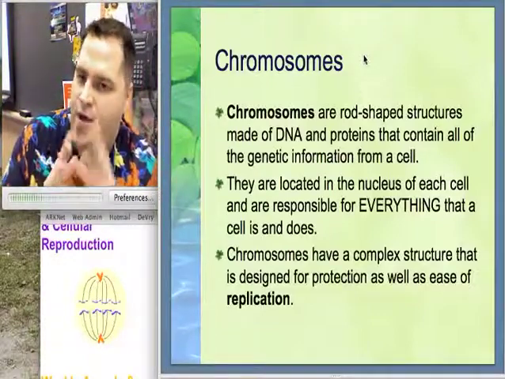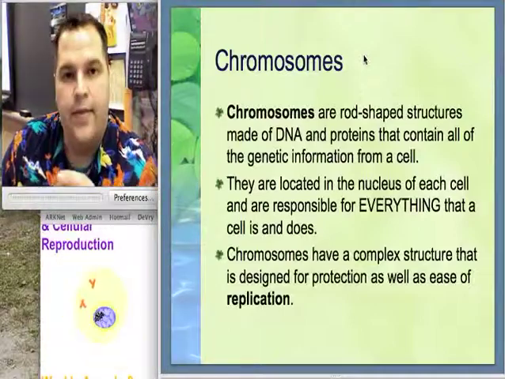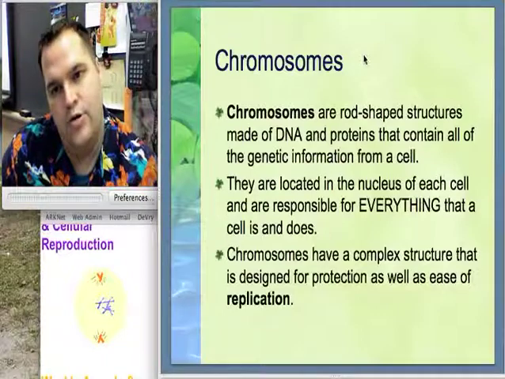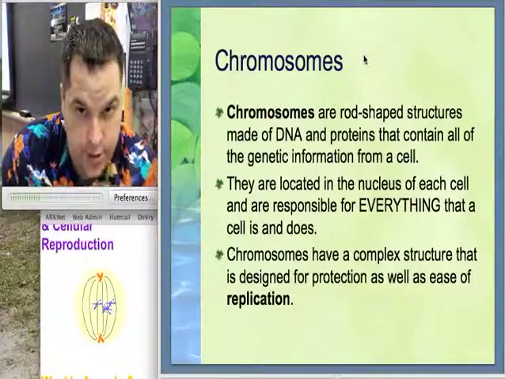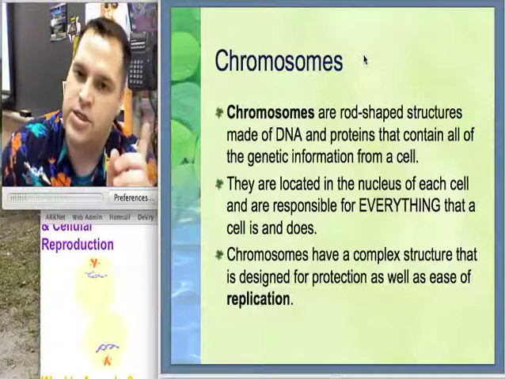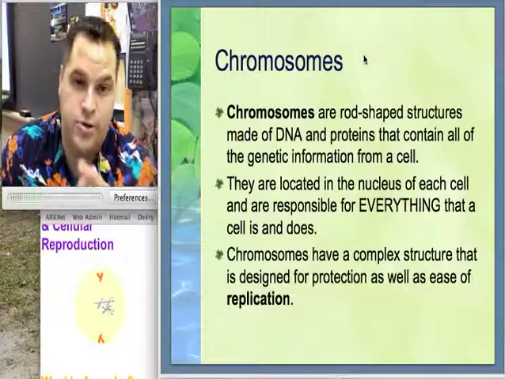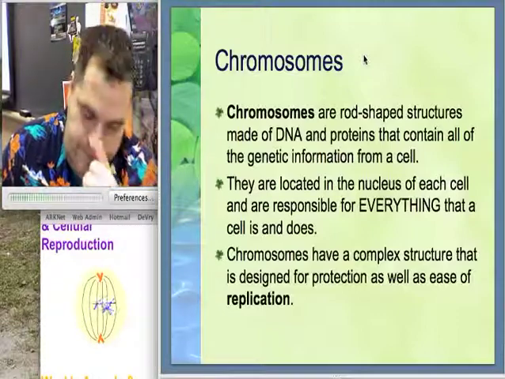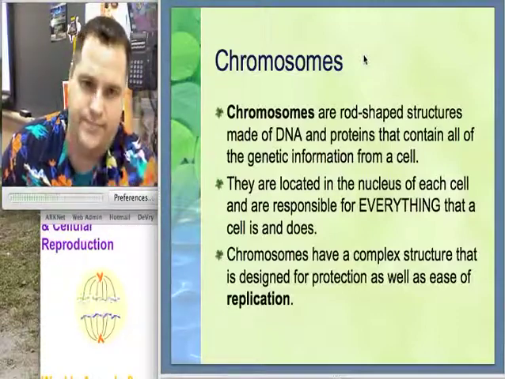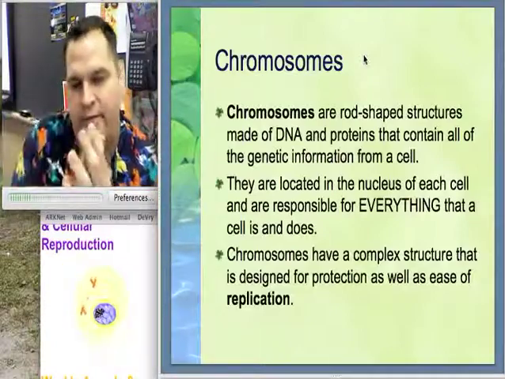They have a very complex structure, and there are three reasons why. Number one, they do have to make it easy to reproduce. Number two, they have to be protected, because if all of the information for a cell is stored on the chromosomes, and the chromosomes get damaged, you are in a bit of trouble. And finally, there's a lot of it, so we have to be able to condense it down into a very small bit of area.